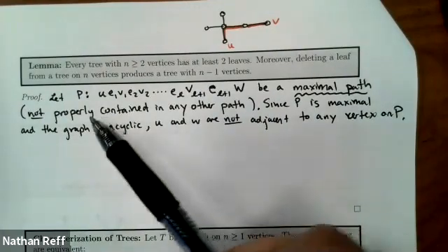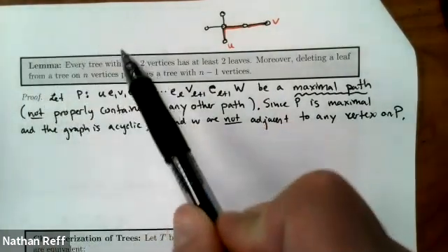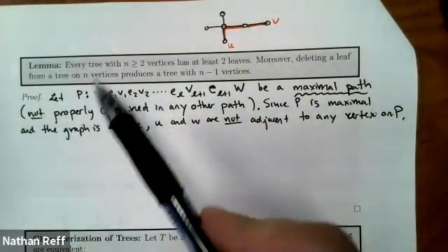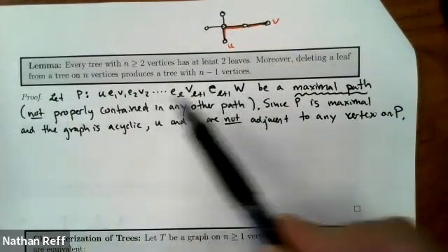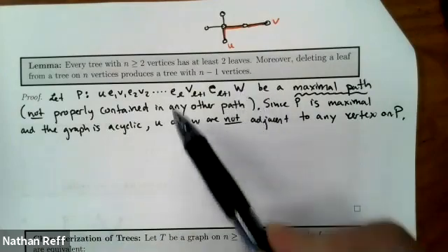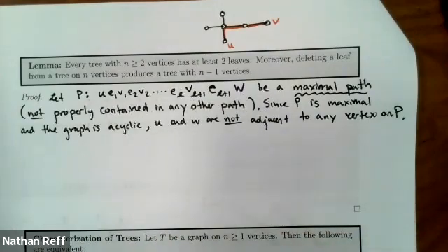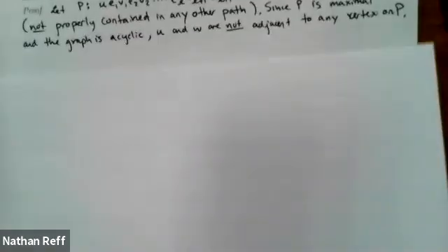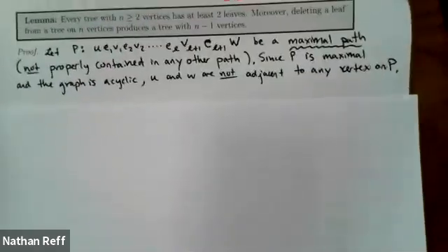The reason for that is just this. If you happen to be creating a path and w was adjacent to one of these other vertices, then you would actually have to have a cycle in that graph, because it would create a cycle somewhere. Do you guys kind of see that? Let me show you what it could look like.